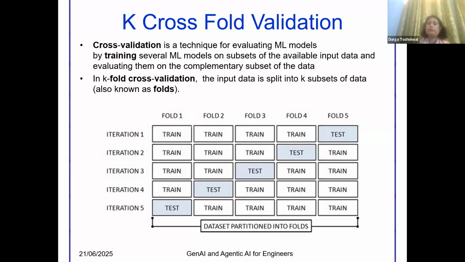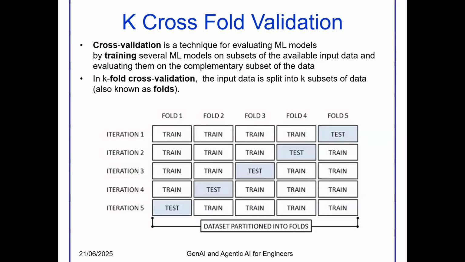You will see in the hands-on session how to choose an appropriate value of k. You will have to iterate upon different values of k, analyze the performance of the model versus the k value, and then choose the optimally best value where the performance is good. This is how you do it. Yeah, got it.